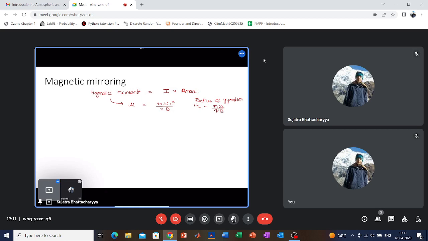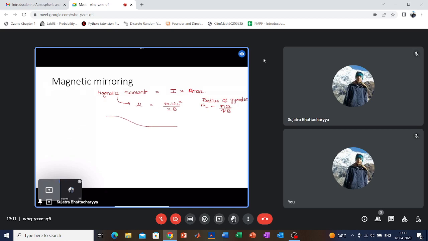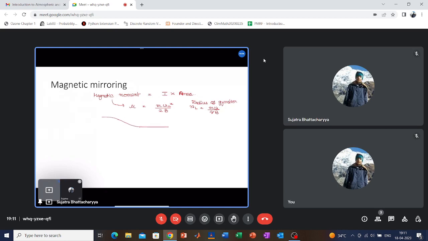Now, what we will do here is that we have a magnetic field like this, somewhere weak, somewhere very strong. Where the magnetic field lines are placed very close, those are the stronger areas, and where the magnetic field lines are separated by a very large distance, that is the weaker section of the magnetic field.